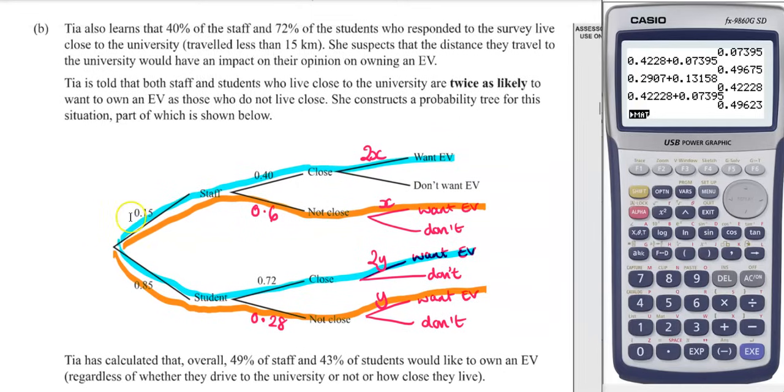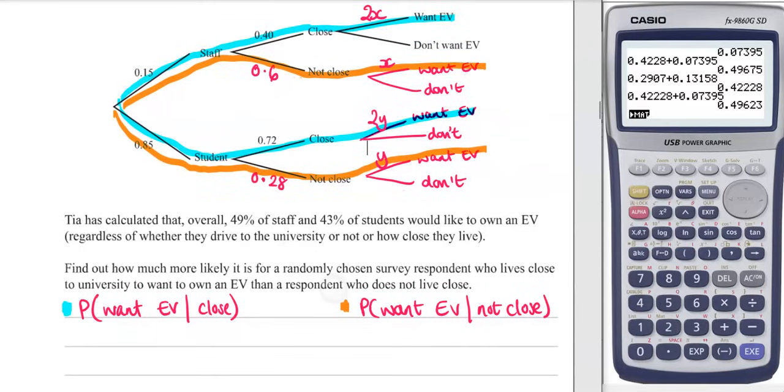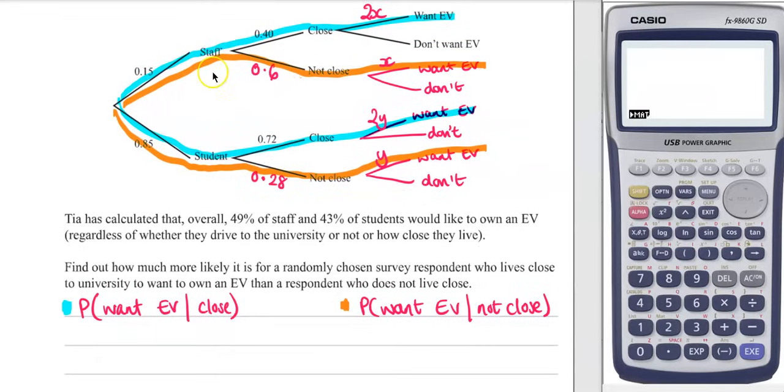Okay, let's look at the last bit of information that is just down here. Overall, 49% of the staff and 43% of the students would like an EV. Okay, so let's use the staff one first. So looking up here on the staff bit, after we pass that line of staff, we will then look at the branches where they'll want an EV. So close and want an EV, not close and want an EV, those bits will make 49%.